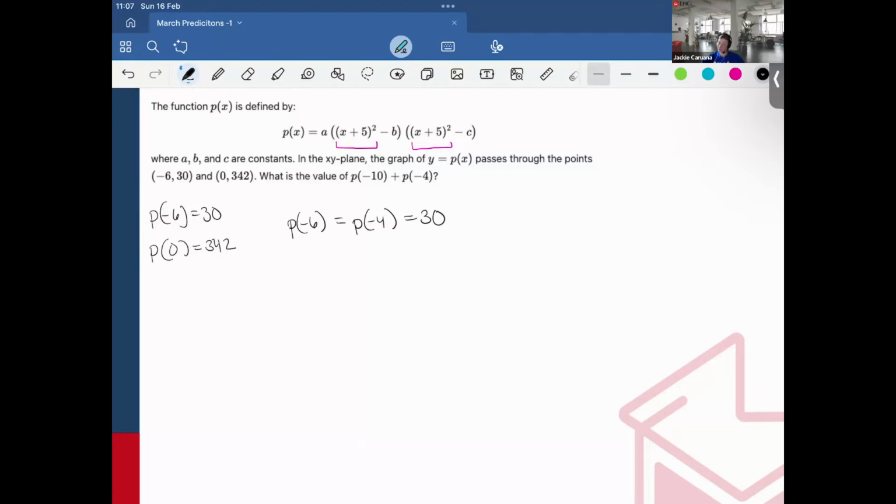Everyone sees how p of negative 6 and negative 4 are equidistant to each other. And likewise, if I do the other coordinate pair here, so I have 0, p of 0 is equal to 342. Well, if I think in terms of 0, it can be equidistant to -10.